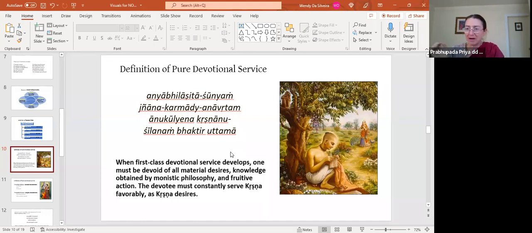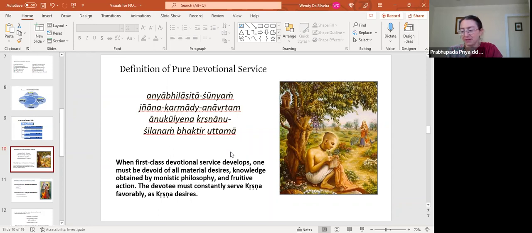Even if you totally abandon your duties in order to take shelter of the lotus feet of the Lord, and even if you fall down, patet tato yadi, if you become fallen, you basically drop from devotional service, still that's better than one who perfectly performs their prescribed duties according to varna and ashram, but never comes to the point of devotional service.